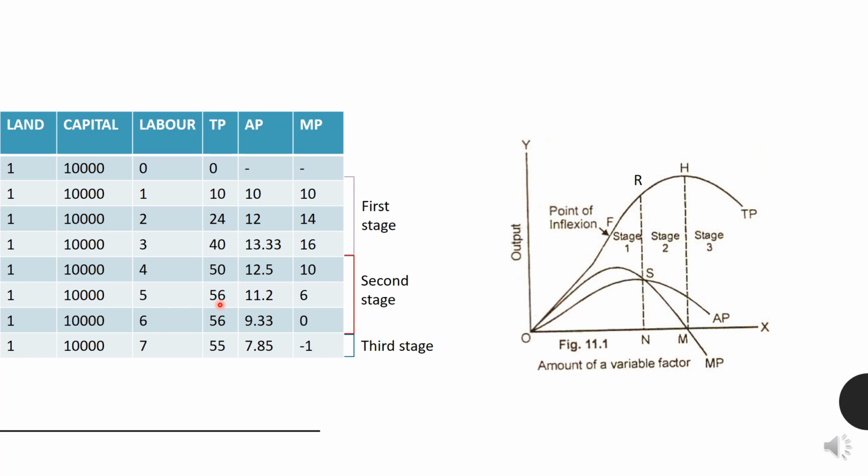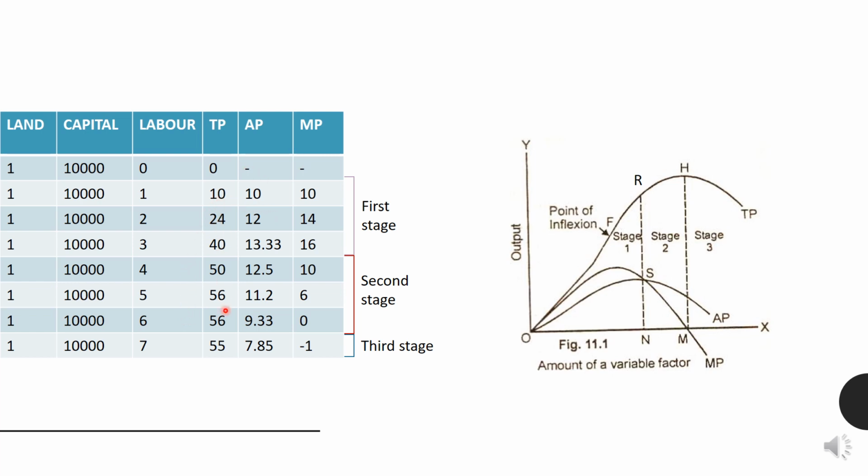Further, in order to increase your production, keeping the fixed factors same and increasing only the labor, your production will not increase, it remains the same. And if you keep on adding the variable factor, your production will not increase, it goes on decreasing, diminishing. That we are going to study in this concept.